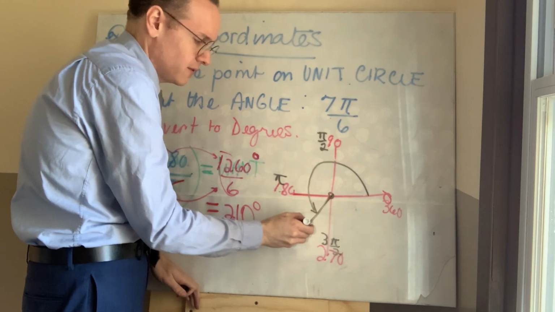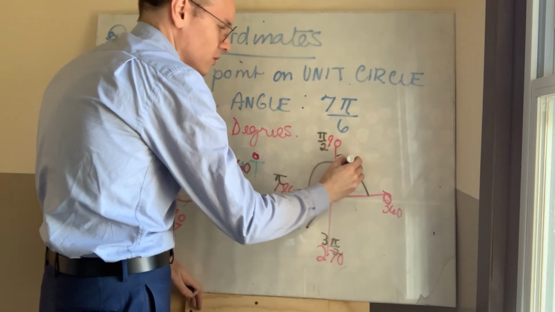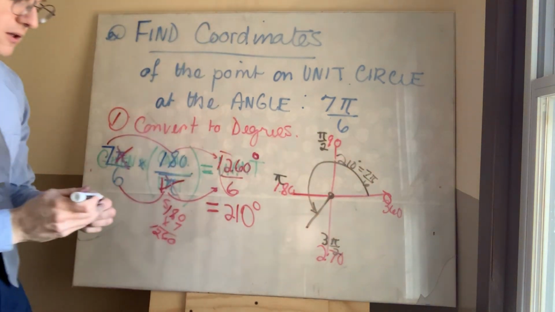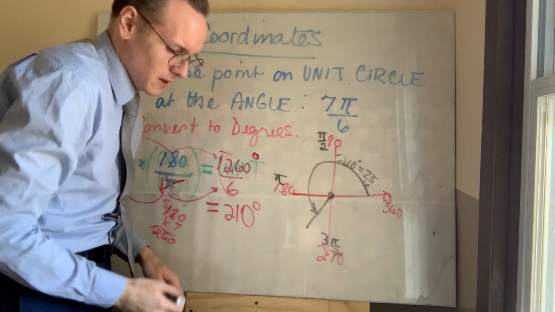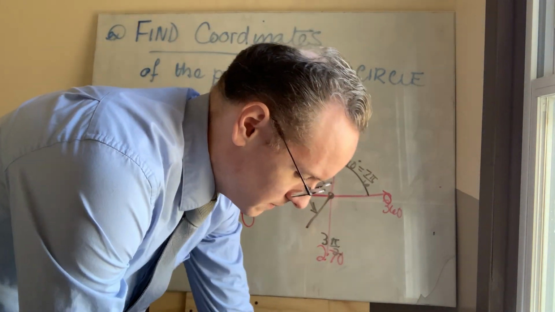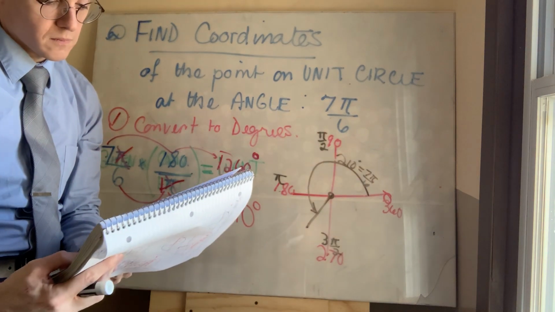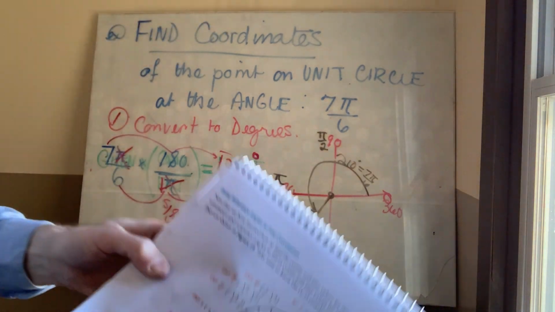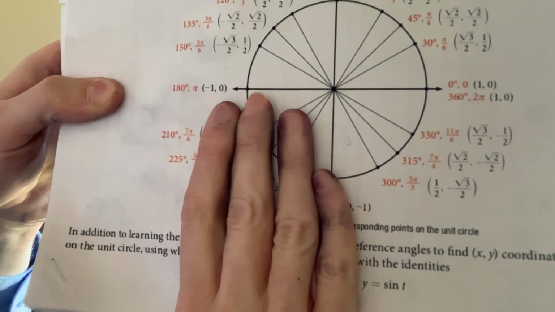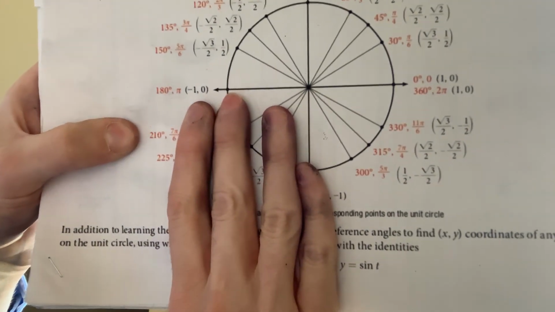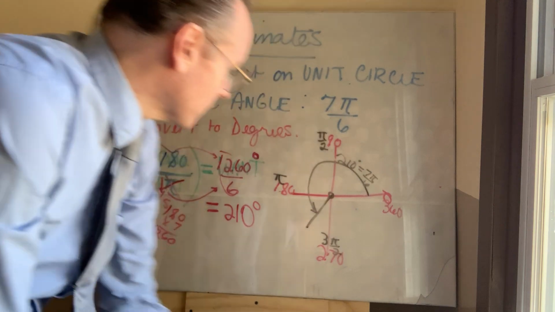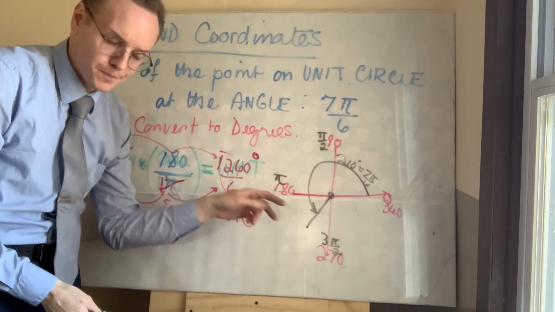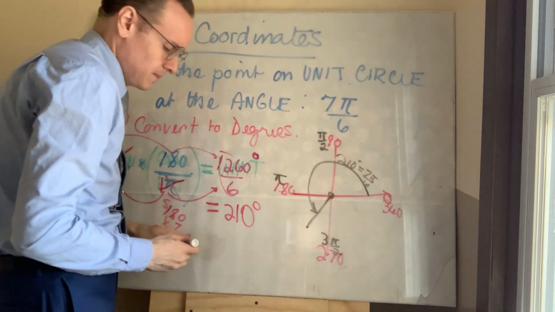So you have an angle that's 210 degrees, which is the equivalent of 7 pi over 6, right? Here's our reference to make sure. Yep, I'm going to cover up the coordinates for right now. But here's our reference. 210 is 7 pi over 6. All right, now we have to draw a right triangle as before.